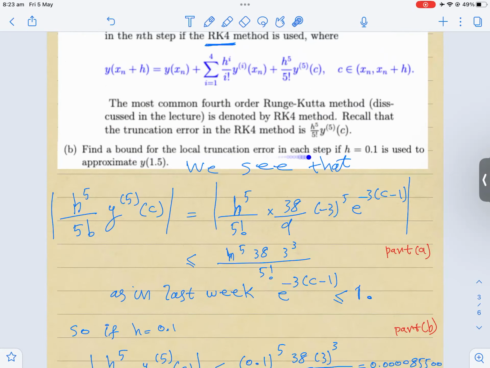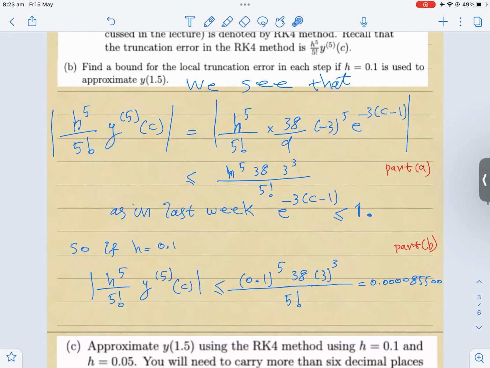Part B says h is 1/10, y of 1.5. So where is c? c is between 1 and 1.5. You can decide which c you should put here. The upper bound will be c.